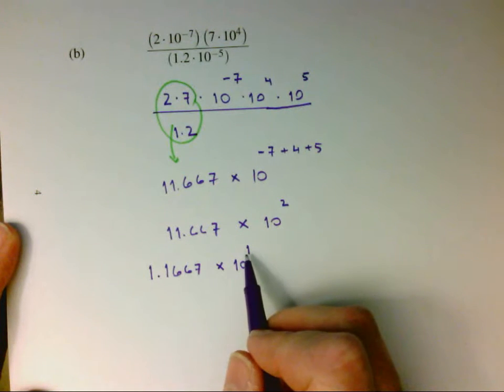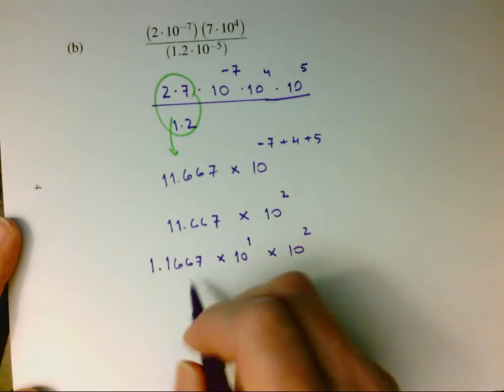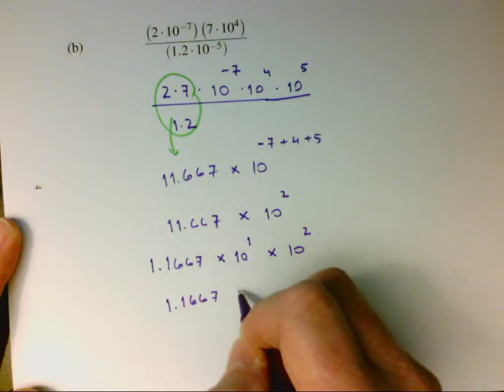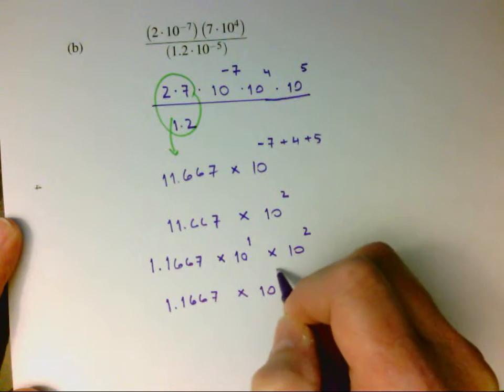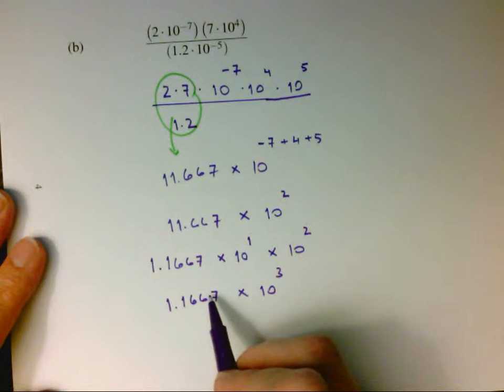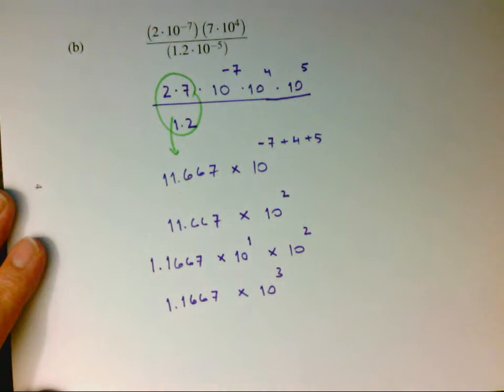Multiplying by 10 would put it back where it was, times 10 to the 2. So we have 1.1667 times 10 cubed. In your science class, you'll learn the rules for how many significant digits, how many digits you would show here. And in fact, they would have you write this as 1.2 times 10 to the 3 in your science class.